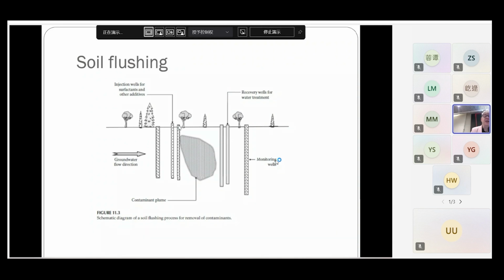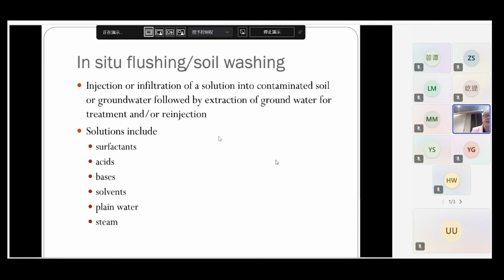With soil flushing, as we've mentioned before, you're injecting solutions into the soil to allow the contaminant to move via solubility with the water, and then you would recover the contaminants from recovery wells on the other side. So you could add various solutions to increase the solubility of your contaminant, whether it be surfactant, acid, base, solvent, steam even.